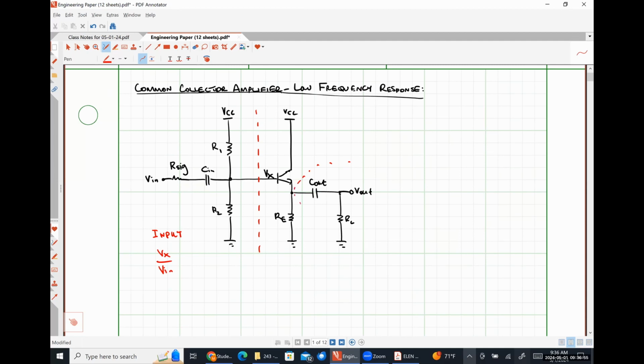Our output stage is just going to be this capacitance and resistance that we have connected between the emitter node and ground. So this is our output, which has a transfer function of V out over Vy. So I will define Vy to be the voltage directly measured at the emitter node. And then everything in the middle is the amplifier stage, which has a transfer function of Vy over Vx.